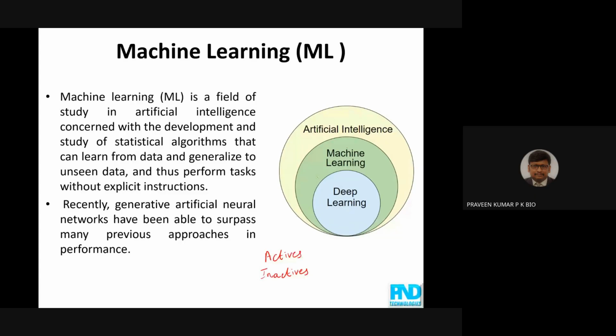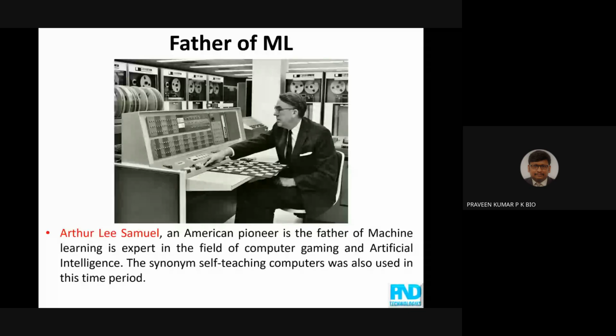There are multiple applications of machine learning. We will see them one by one. First, we see machine learning itself. Arthur Lee Samuel, an American pioneer, is the father of machine learning. You can see his picture, and he is an expert in the field of computer gaming and artificial intelligence.